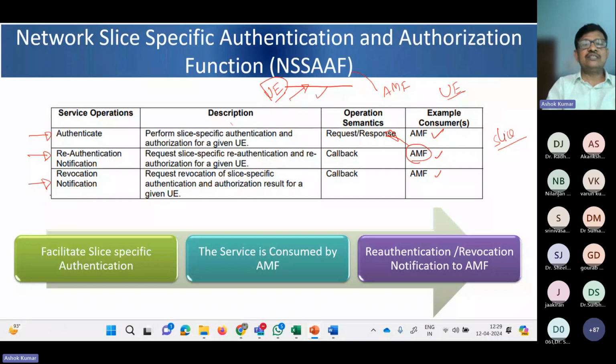That also is a notification to the AMF by this network function that the authentication has been revoked from this slice for a particular UE. So the UE should not be able to access now. These are the different functions of NSSAAF.